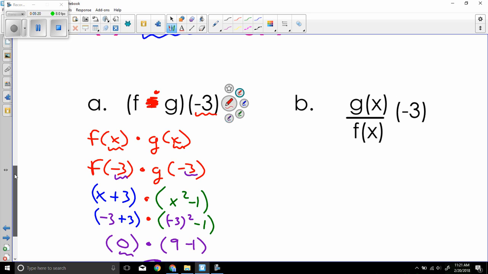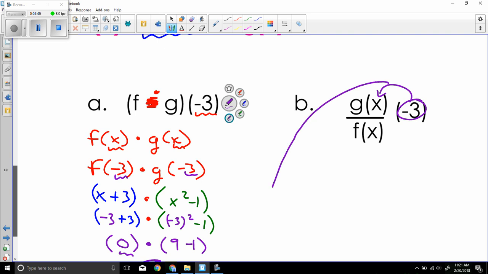We work our way over here, we have g of x divided by f of x, and then it says of negative 3. This is kind of a unique way to write this. Of course, it's the same type of principle. We still have our division, and we still are plugging in this negative 3. I actually already plugged negative 3 into this g of x.